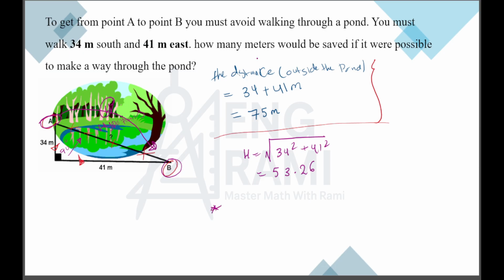The question is how many meters would be saved if it were possible to make a way through the pond.